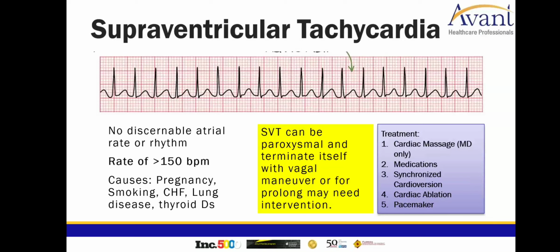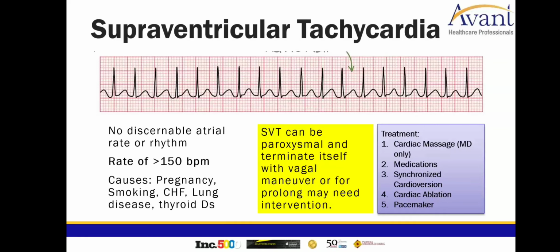In some cases, if they don't respond to the medications, they may do what we call synchronized cardioversion. And in extreme cases, when the SVT is because of what we call a re-entry tachycardia, meaning there's an extra pathway where the electrical impulse just circles around, a doctor may go in and do cardiac ablation.